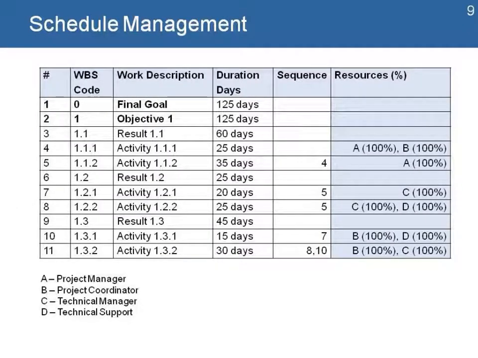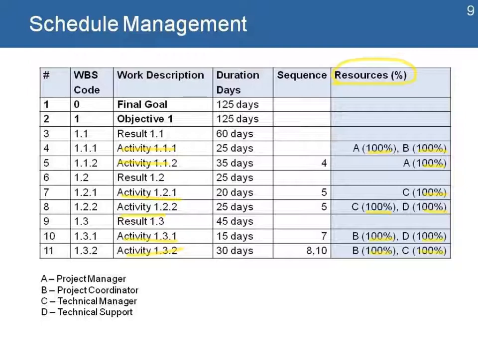Once we do that and we have our durations, we identify the resources in our team. This is an important step because it helps us identify the owners for each one of the activities that we have in the project. By identifying the resources, we also identify how much time they're going to be assigned to work on that specific activity.